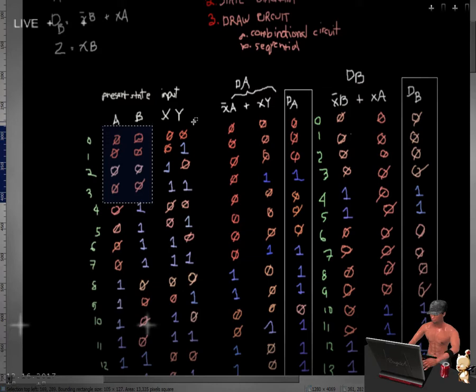Alright guys, let's do the state table. First of all, the state is determined by the input, right? So when you get 0, 0, you get this present state when it goes through the flip-flop.